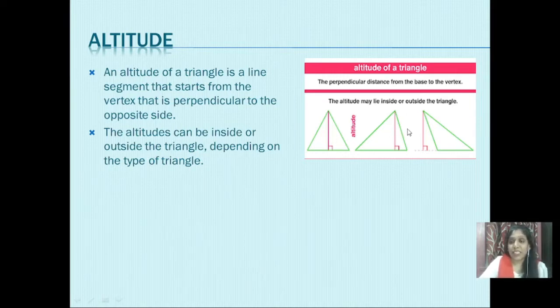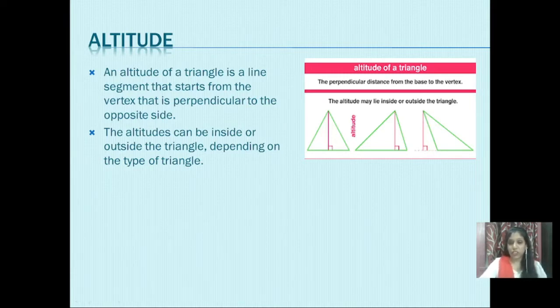If you see in the second image, this is another triangle. We are directly drawing from one vertex to the opposite line. It's a straight line which is 90 degrees. And if you see in the third image, this is a triangle, and the altitude of this triangle is outside the triangle.